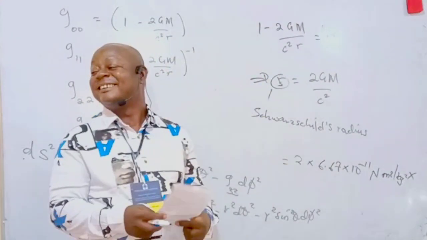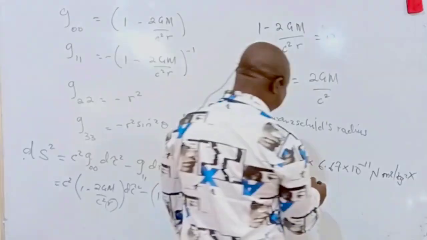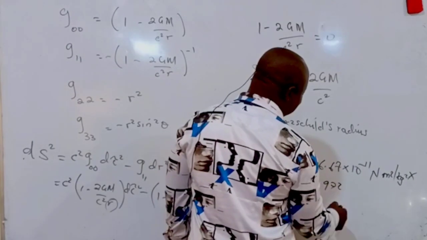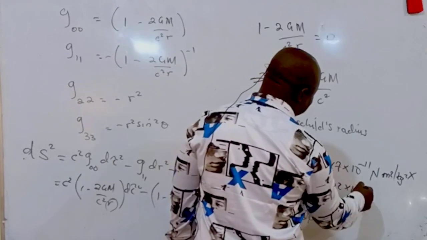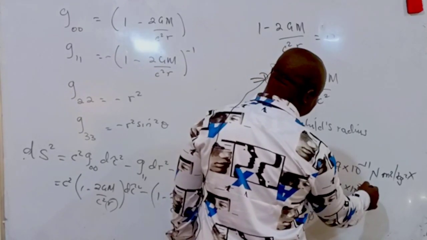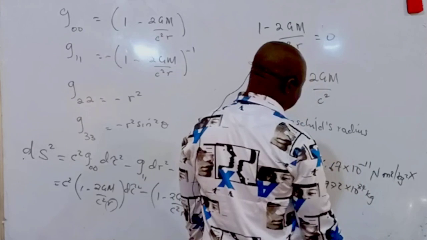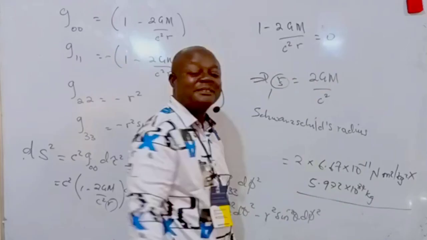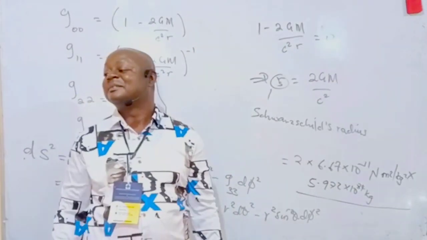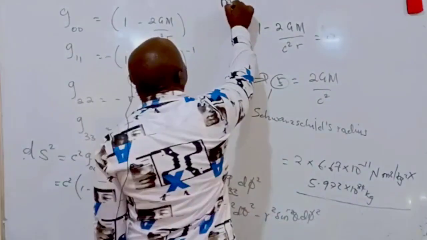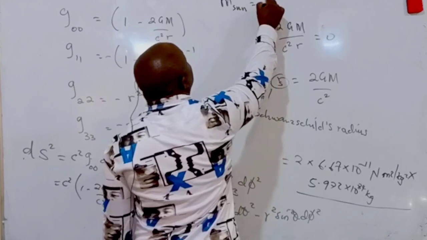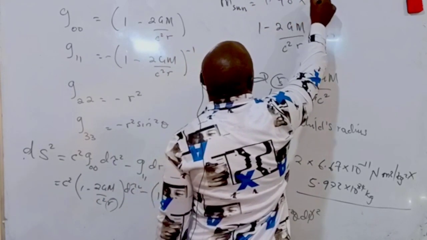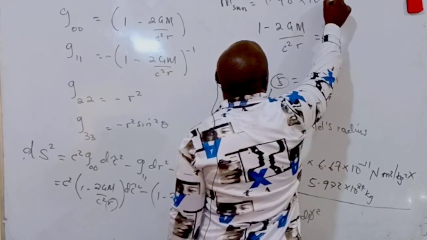Let me give you the mass of the Earth. Yes, Prof. 5.972 times 10 raised to the power of 24 kilograms. Mass of the Sun: 1.98 times 10 raised to the power of 30 kilograms.